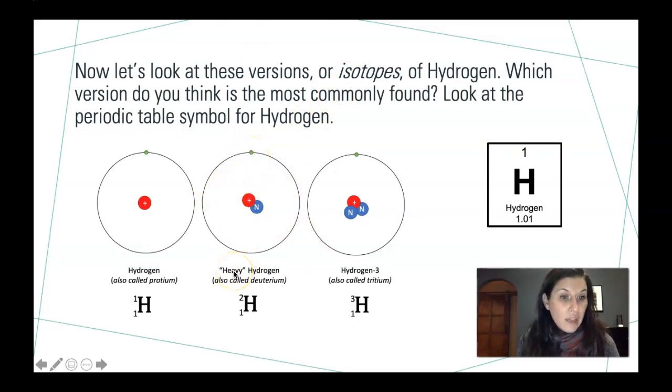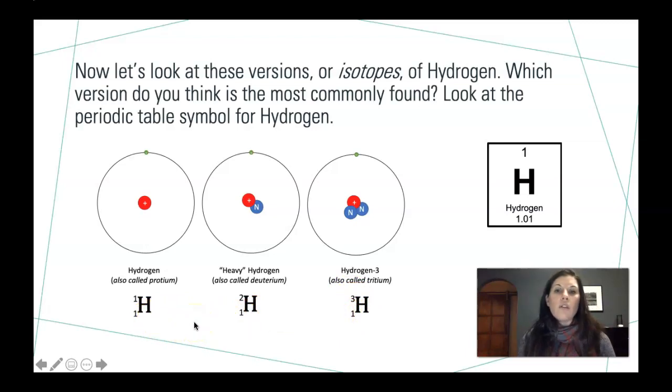This is called heavy hydrogen. It's also called deuterium. The nuclide symbol for that has now a mass of 2. We can also have a third isotope called hydrogen 3, also called tritium. This has 2 neutrons, 1 proton, 1 electron. So this is a mass of 3, but they all have the same atomic number.